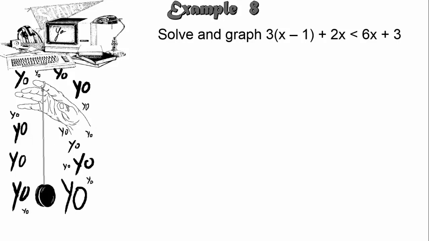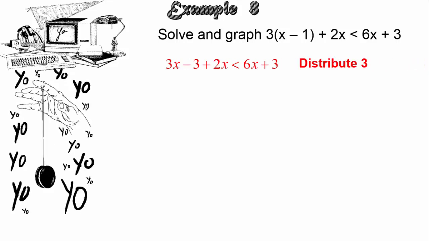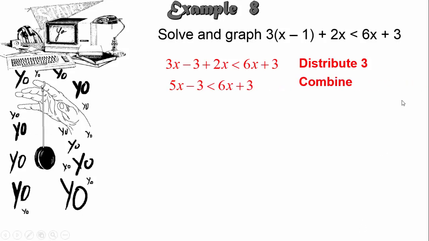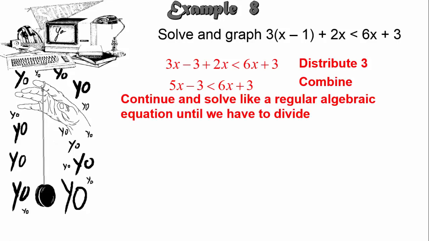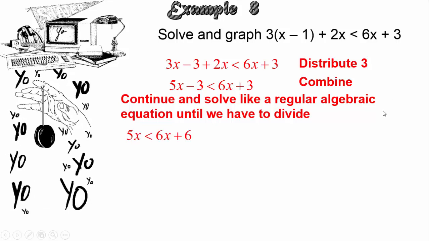Reviewing what we just did on the whiteboard, we distribute the 3 to get 3x minus 3 plus 2x is less than 6x plus 3. We combine like terms to get 5x minus 3 is less than 6x plus 3. We continue to solve like a regular algebraic equation until we divide.